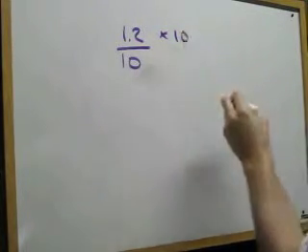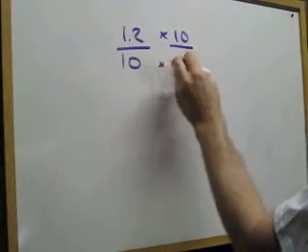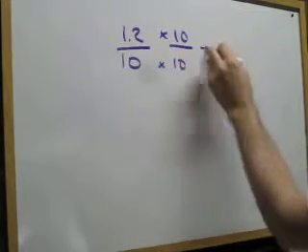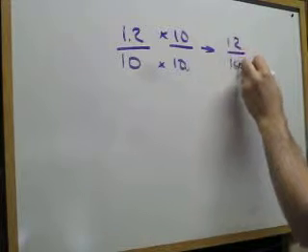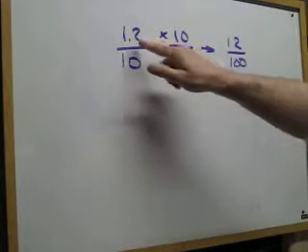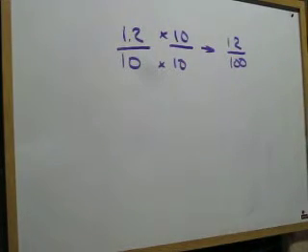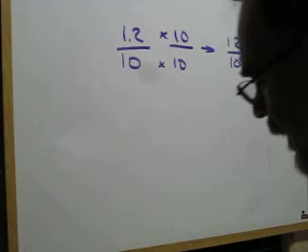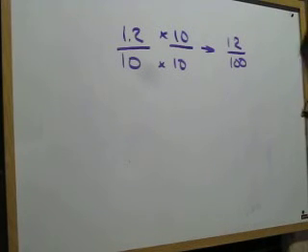So that being the case, 10 becomes 100, because we have to do the same thing here. So that leaves us with 12 over 100, and then you reduce that. So make sure you move the decimal place over 1 to give you 12. Alright, that's it for problem set 6.1.